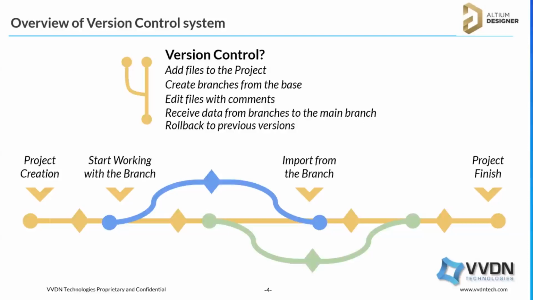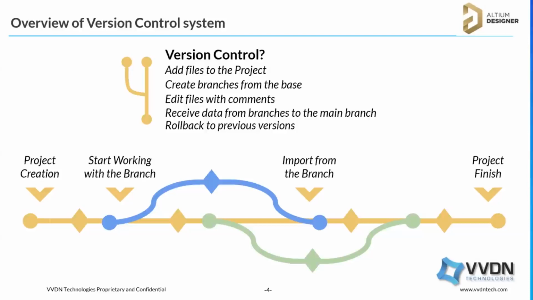That is an advantage of it. If you want to revert to the previous version, you can easily go back. And there are some other advantages that I will show, as the same version control feature is integrated in Altium. We will discuss them in the upcoming slides.